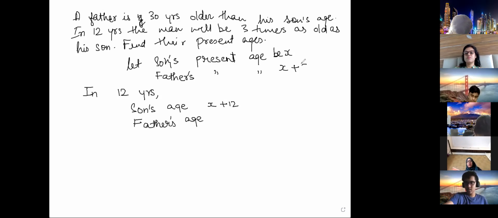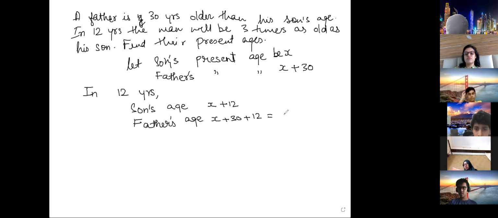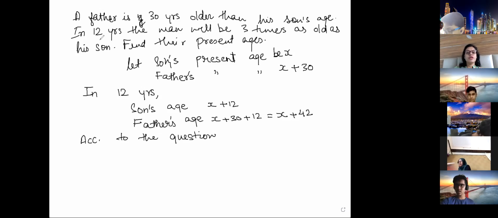Yes, x plus 30. So after 12 years, it will be x plus 30 plus 12, which is x plus 42. Now, according to the question, the equation becomes: in 12 years, the man will be 3 times as old as his son. So what is son's age? x plus 12.